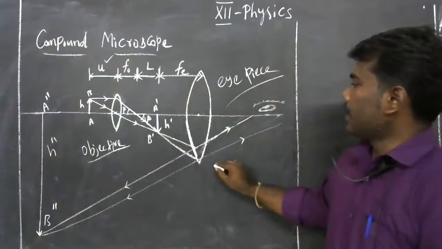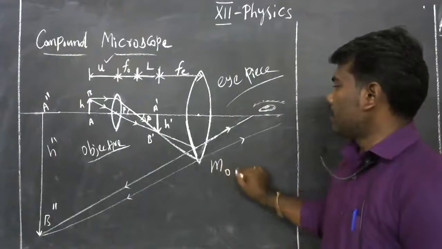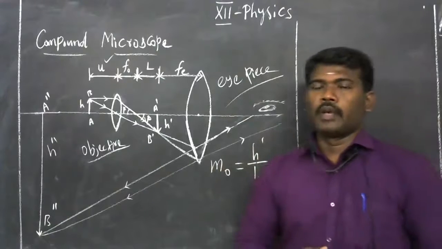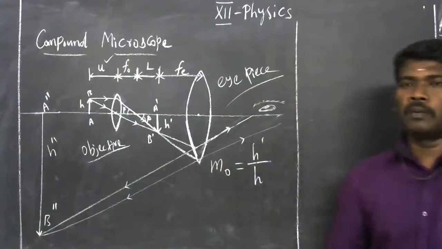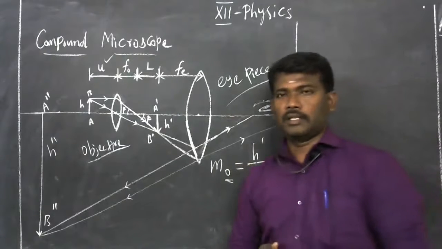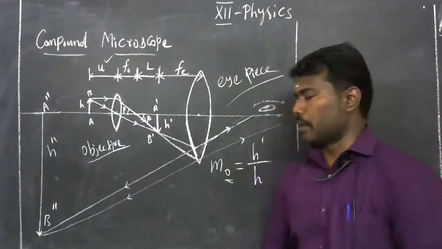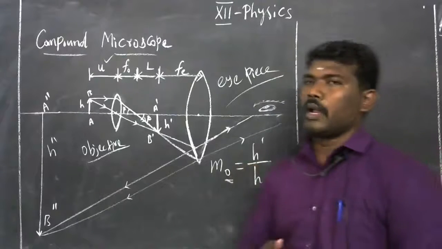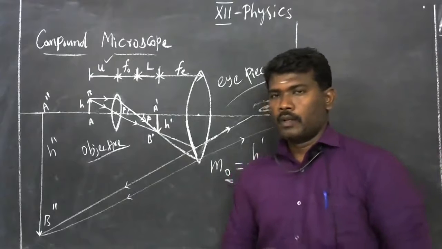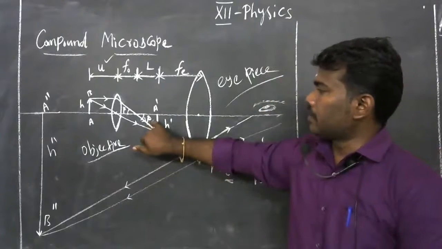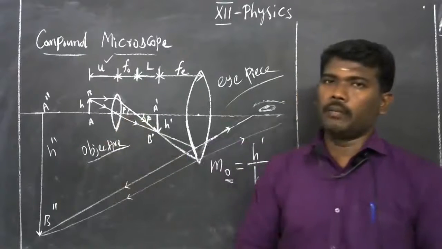The magnification M naught is nothing but H dash divided by H. M naught is the magnification produced by the objective lens, which is closer to the object. So this is the magnification produced by the lens O.